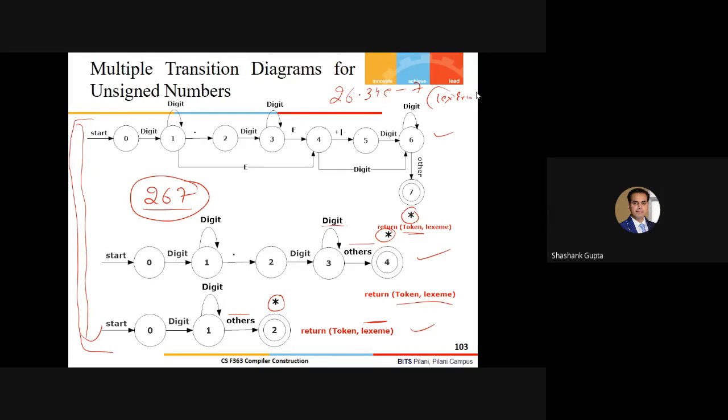Similarly, when I'm not able to consume this, like I told you earlier, there is one dead state which will say, okay, return whatever you have consumed back to the input stream, and retract your forward pointer to the start state of the next transition diagram which you have created in your sequence.